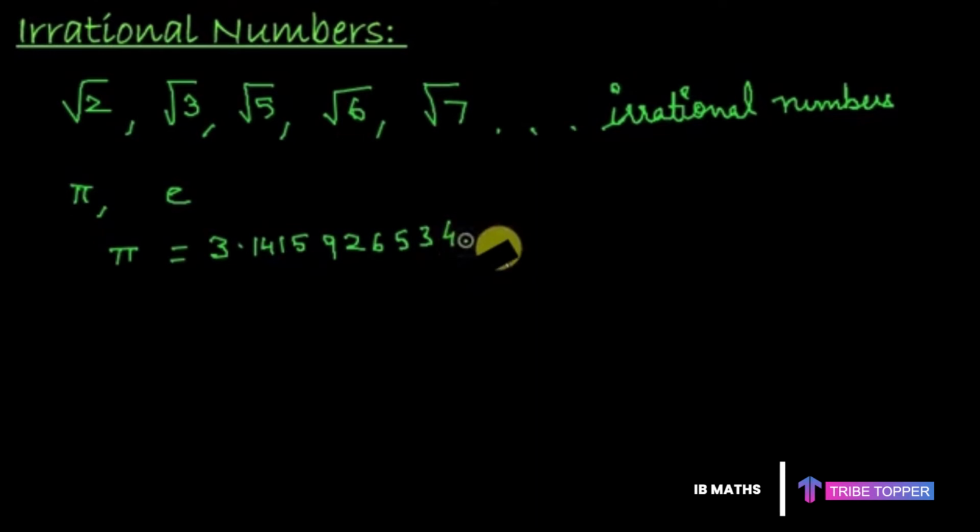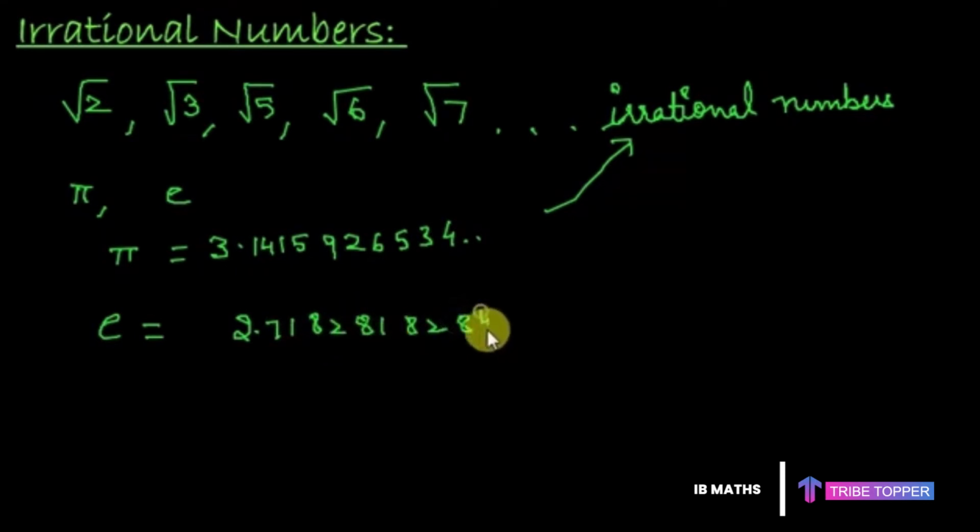It goes infinitely, and it's a non-terminating and a non-repeating decimal, so this would be an irrational number. And similarly the value of e, which is actually 2.71828182846, and you continue. It's again a non-terminating and a non-repeating decimal, so this will also be an irrational number.